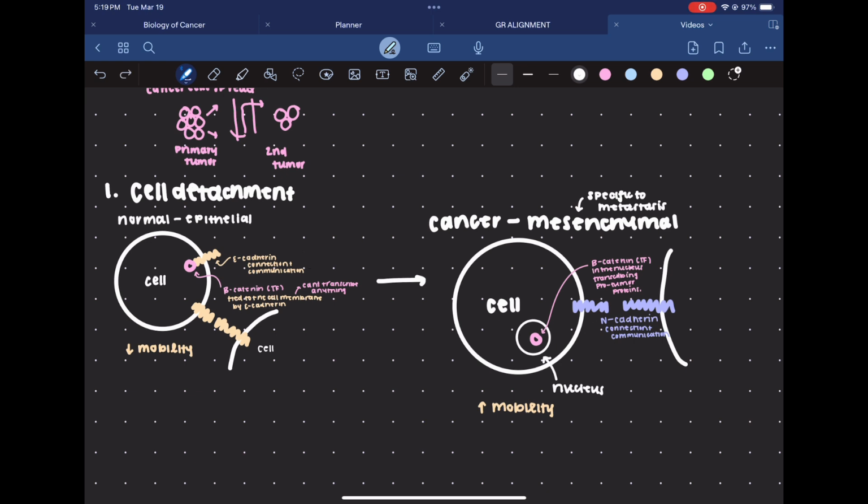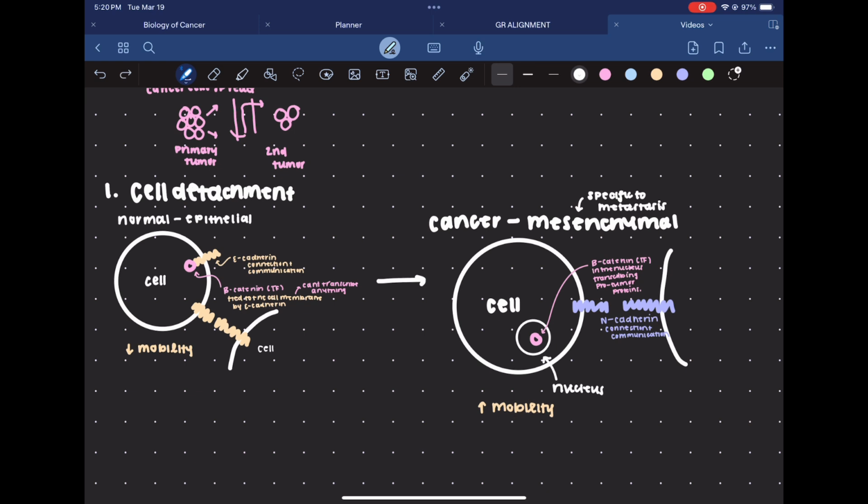We also see an exchange of beta-catenin from being tied to the membrane, it's now able to move into the nucleus. And then lastly, we see this change in mobility, where in our epithelial state we have low mobility, whereas cancer cells, if they want to metastasize, need high mobility. So they're going to transition into a high mobility state.